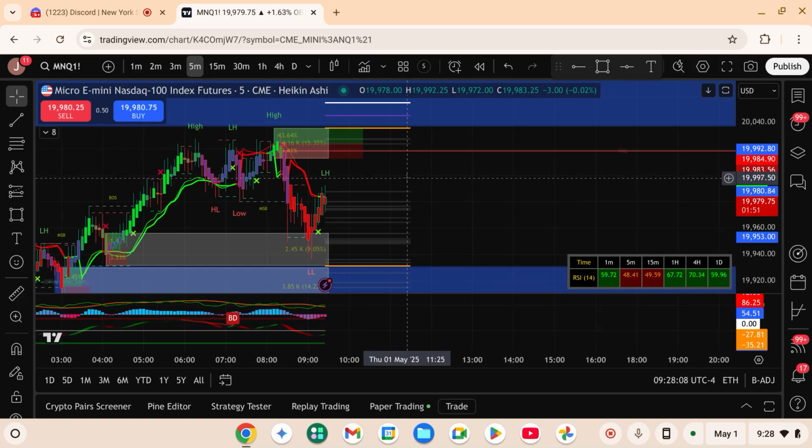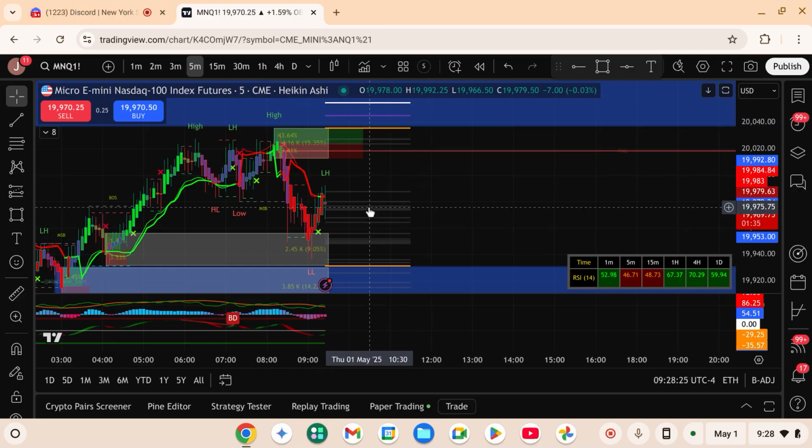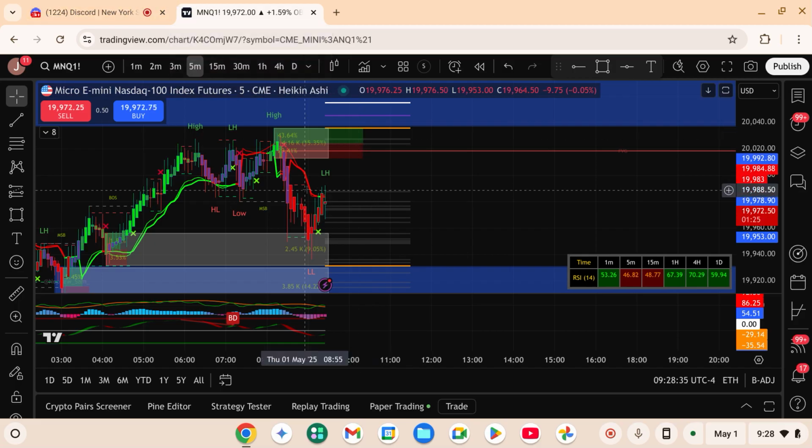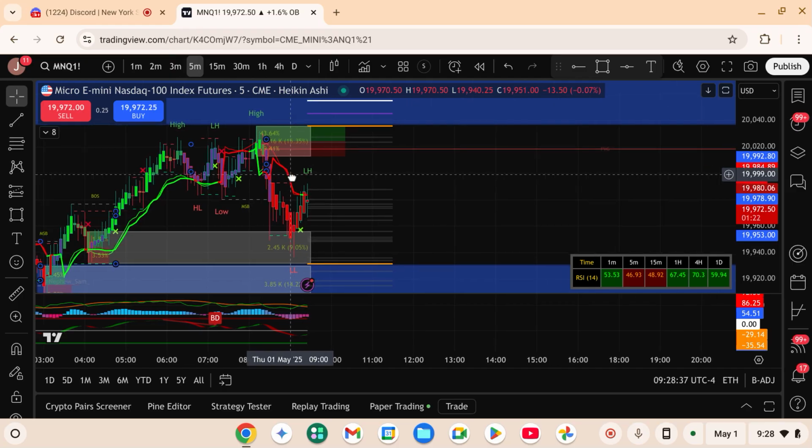All we do is just wait for a setup to happen and we'll take our trade. Let's see. Anybody have any questions or anything while we're waiting? We're trading MNQ instead of just NQ. If anybody's on NQ and your levels look different.